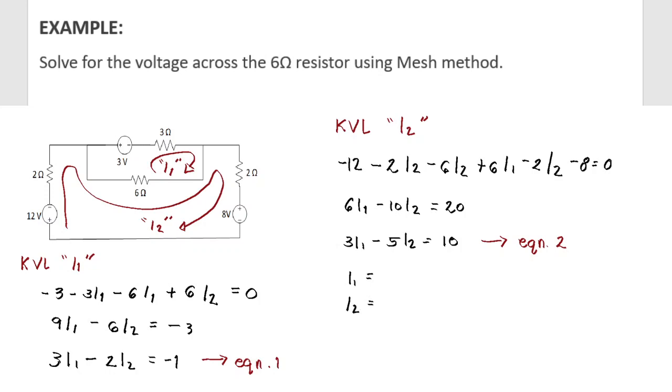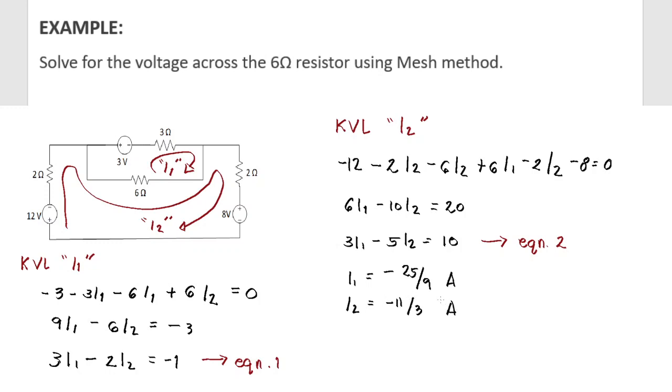We have I1 equal to negative 2.78, or in fraction form, that would be negative 25 over 9 amperes, and I2 as negative 11 over 3 amperes.